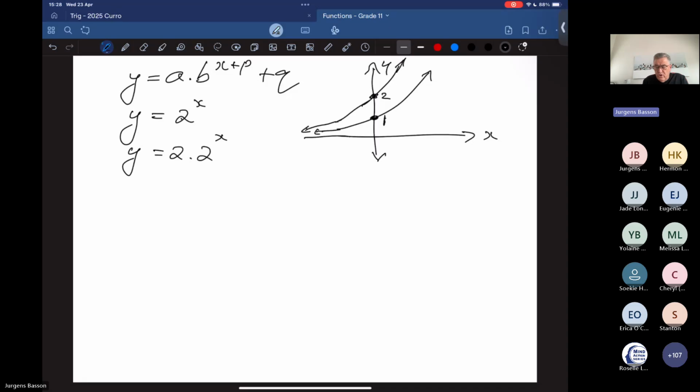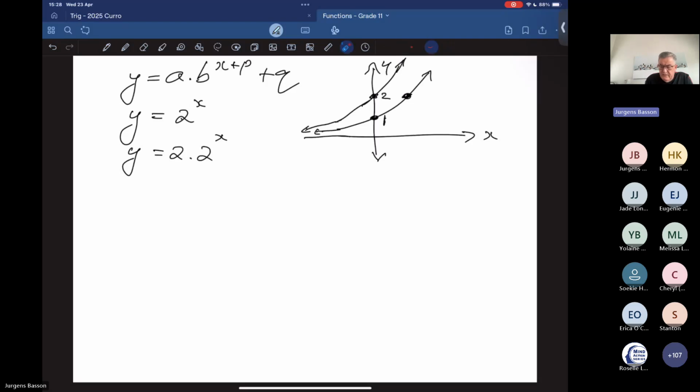This graph got steeper. Now, my drawing is not extremely accurate, but I'm going to try to show you with my finger. Oh, no, this is not going to work. Okay, let me see what I can do.